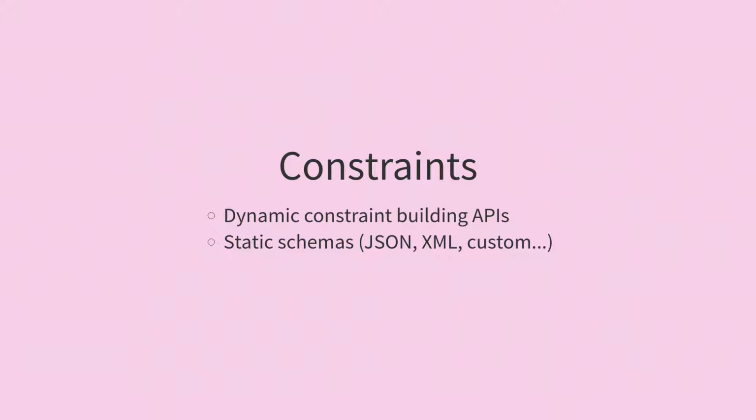Validation can, in its very simplest sense, be done using constraints. And a constraint can be a string length. It can be a regular expression. Many different things. Basically, you can have a dynamic constraint system where in the code itself you say, is this string more or less than n characters long?